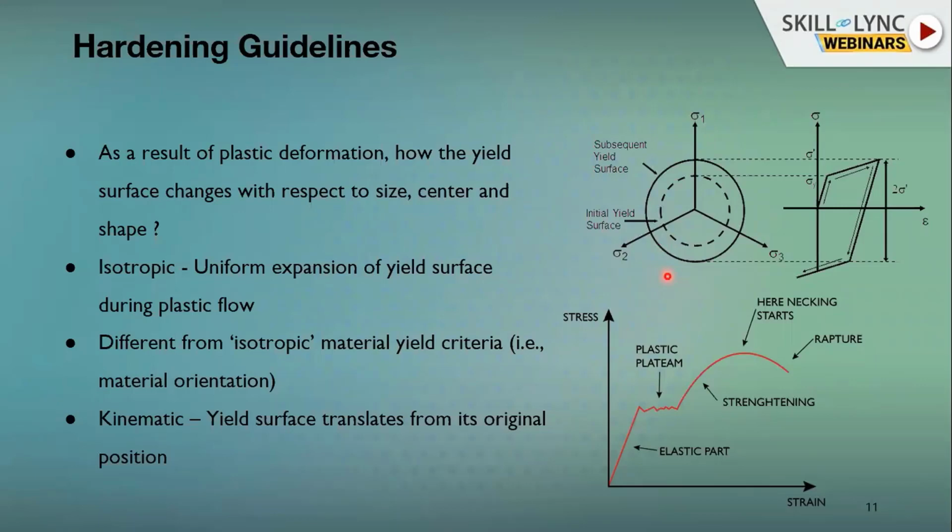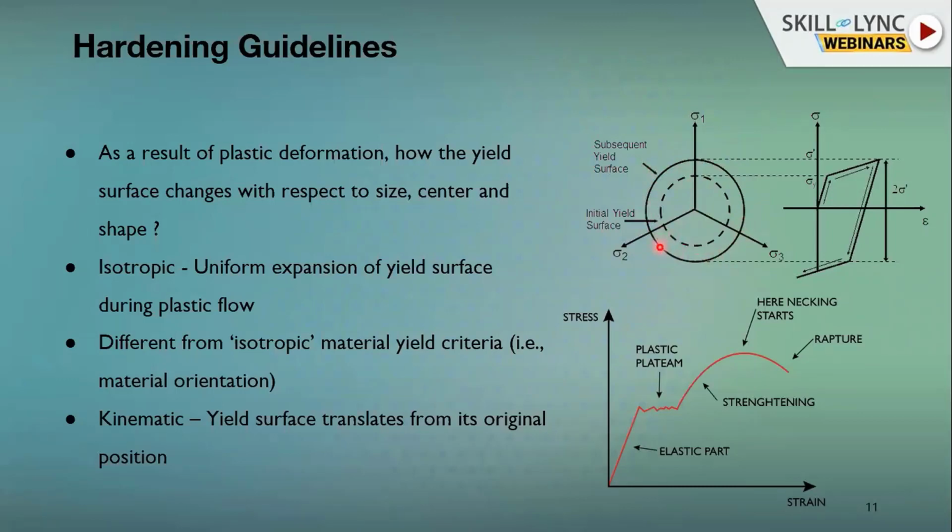And the other major hardening guideline that one must observe when they model nonlinearity is kinematic hardening. Here, the yield surface translates from its original position. You will have an initial yield surface, and then subsequently, after uniform expansion, you will have the subsequent yield surface like this.